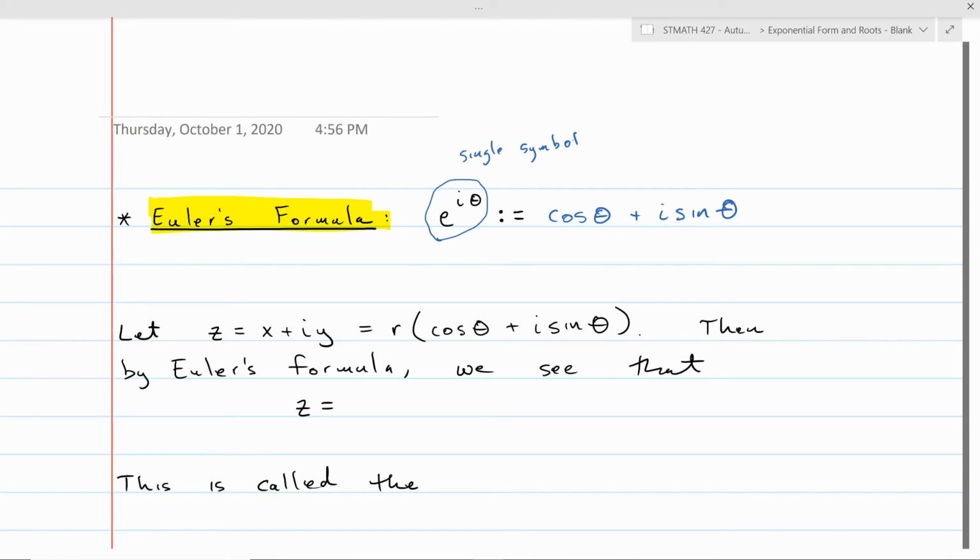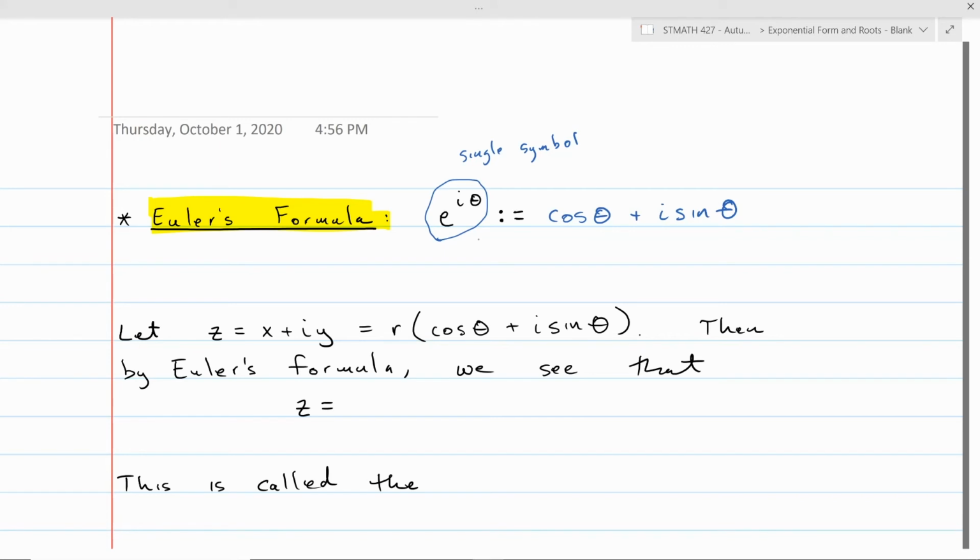So just interpret the whole symbol e to the i theta as a single thing, and we're just defining it. e to the i theta is defined to be, that's why it's a colon equals there, cosine theta plus i sine theta. Now, of course, it really is the number e raised to the power of i theta, we'll find out later. It does work out to be cosine theta plus i sine theta, magically.